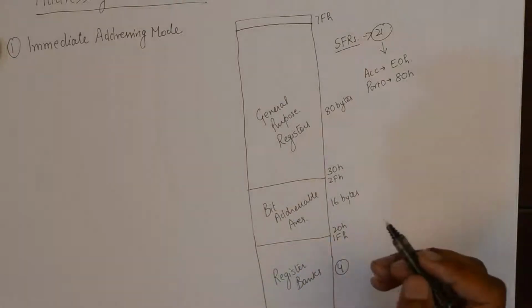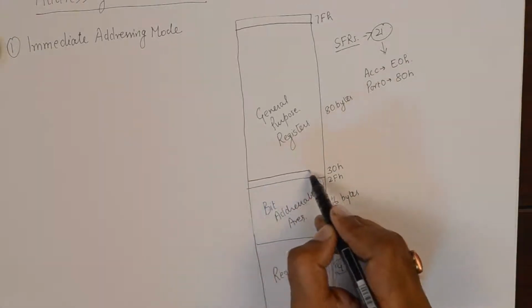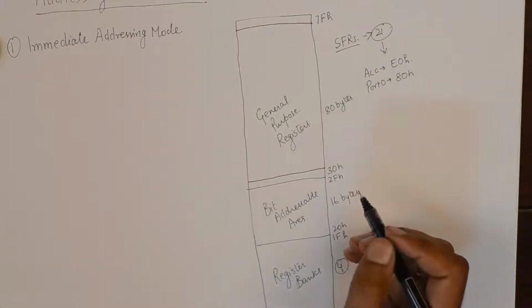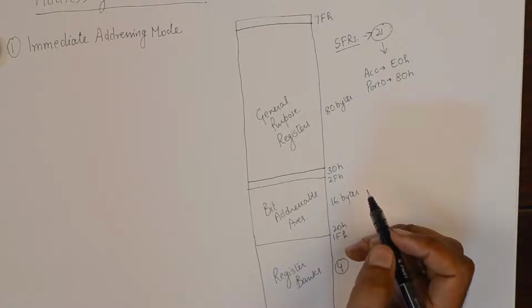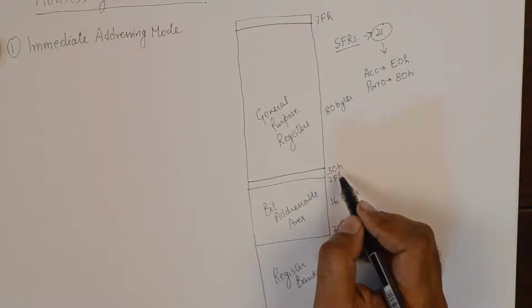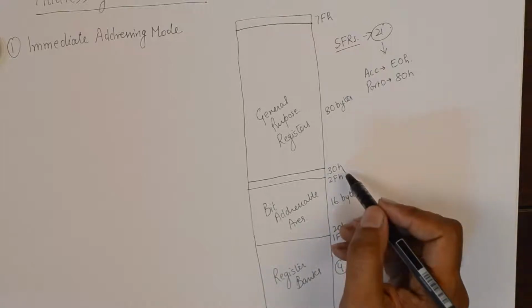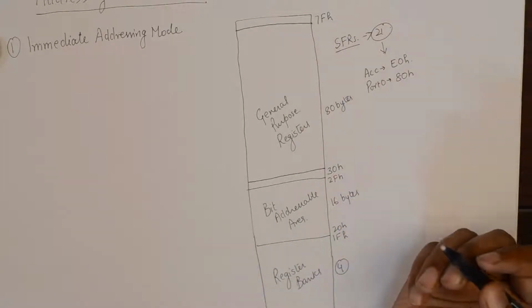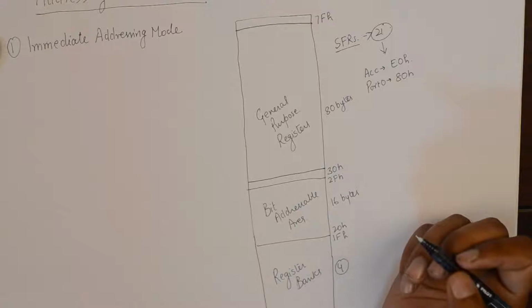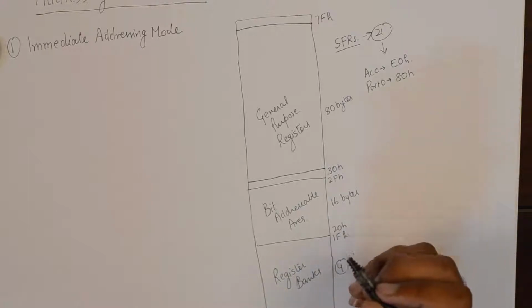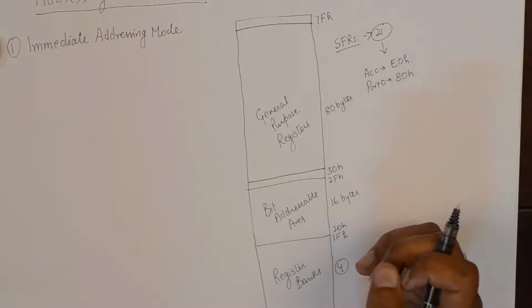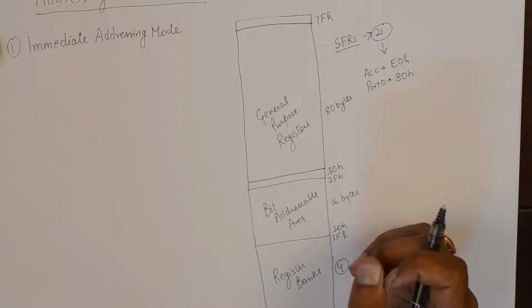For example, let us randomly take this register, and let us say this register is 30H, and we want to move a number into this register, and that number could be a maximum of 8-bit number.